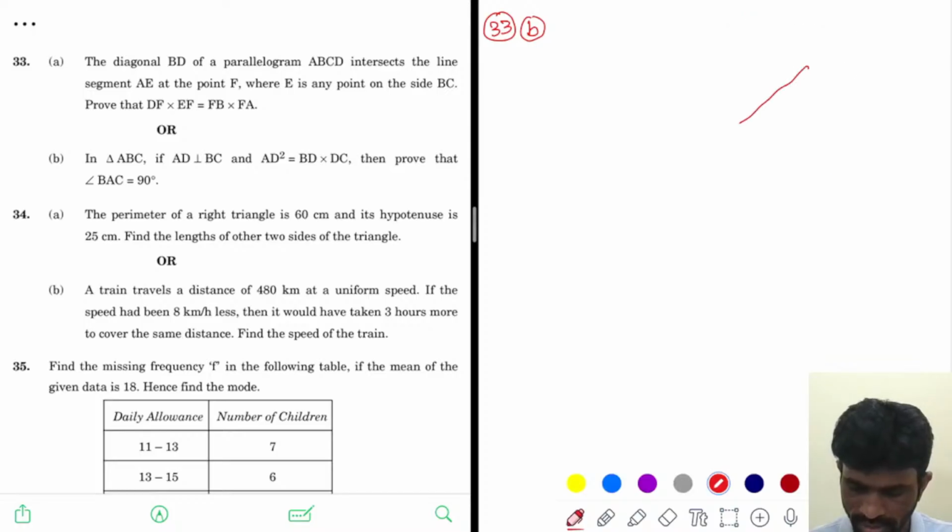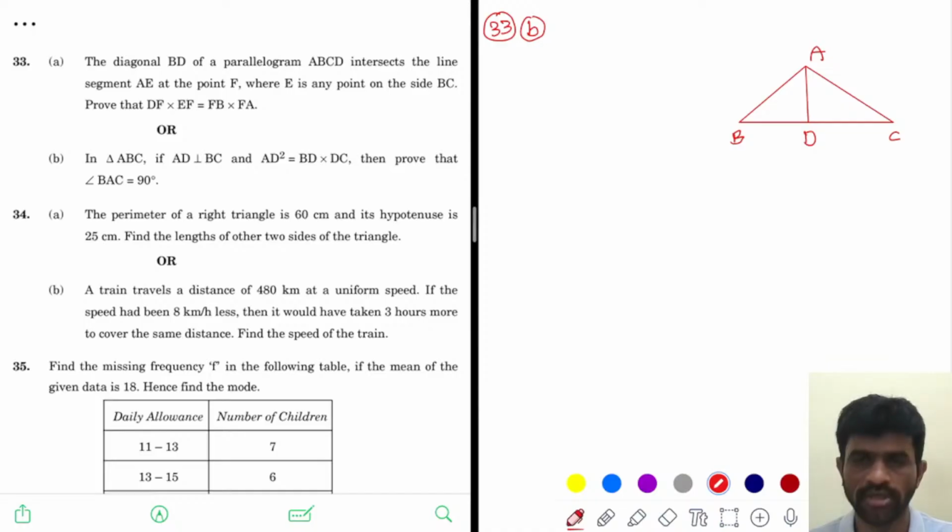One minute, I am drawing a proper figure to understand better. Now in this triangle ABC, it is given that AD is perpendicular to BC.